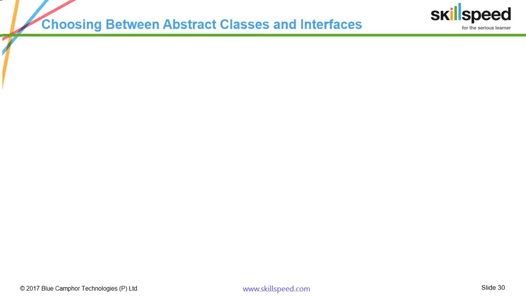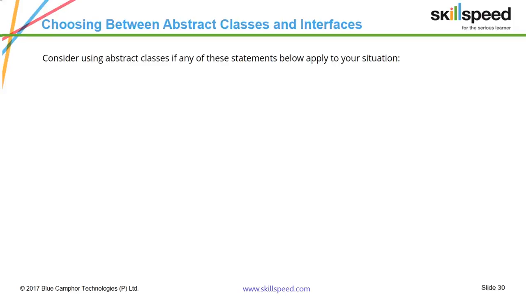What should we choose: an abstract class or an interface? We have to consider these things before choosing between abstract classes and interfaces. If any of these statements apply to your situation, then use abstract classes.